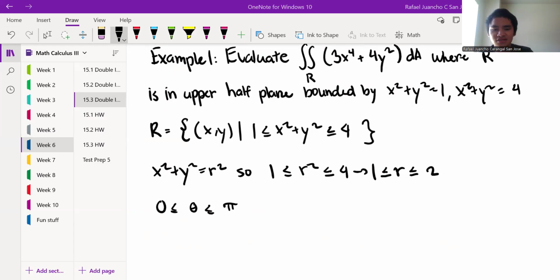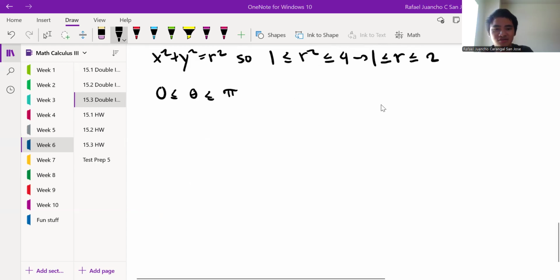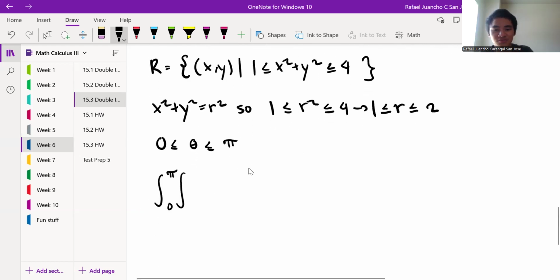And so from there, let's actually get the integral. Like we're going to solve the integral. So what's the integral going to be? Well, we just copy what we looked at before. So that's my theta. My dr is 1 to 2. Then I have my function, but then my function will be translated to something else. So this is 3, pretty sure this is r squared, right? 3x cosine squared.